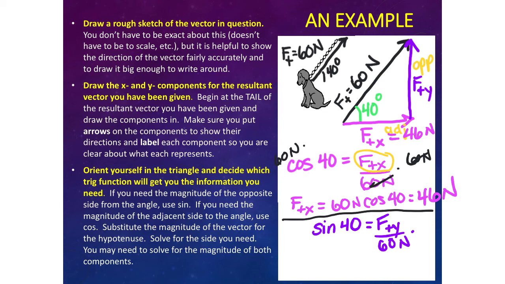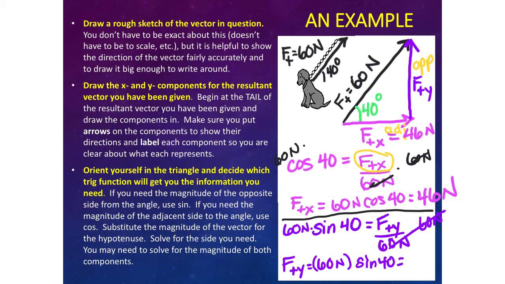I'm going to need to multiply both sides by 60 newtons. That'll divide to 1. 60 newtons times sine of 40. So FTY equals 60 newtons sine 40.